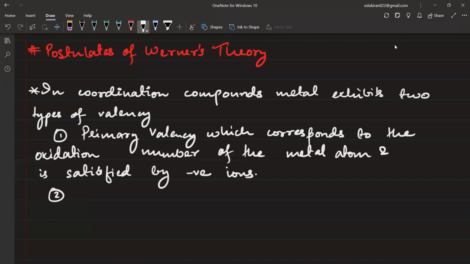Second point, secondary valency. It corresponds to the coordination number, that means the number of ligating atoms or the coordinate bonds formed between the metal atom and the ligands surrounding the central metal atom.